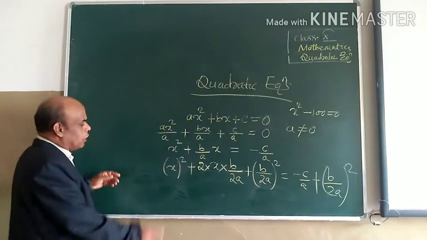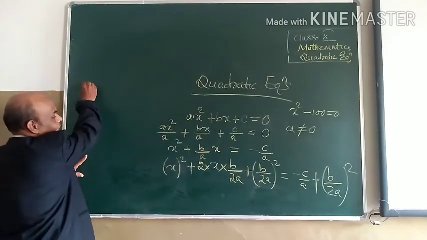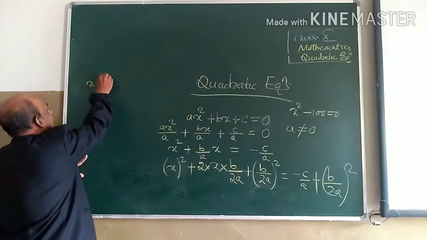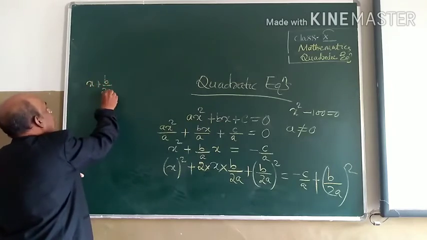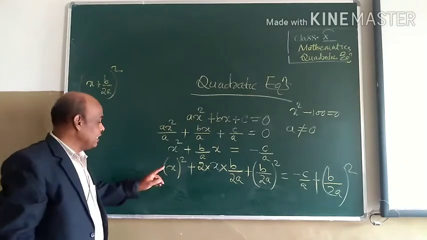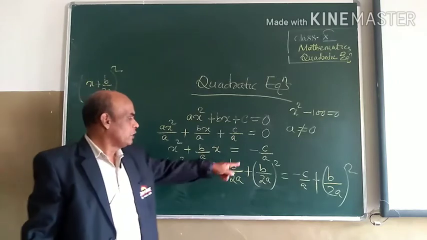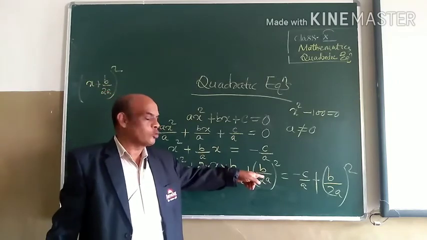So now you observe that you got (x plus b by 2a) whole square. If this is a, then it is a square plus 2 into a into b plus b square.